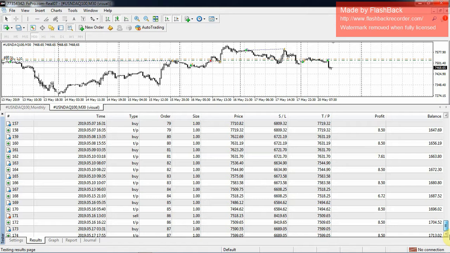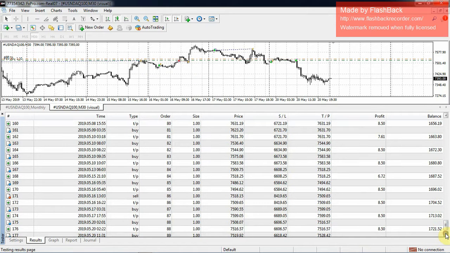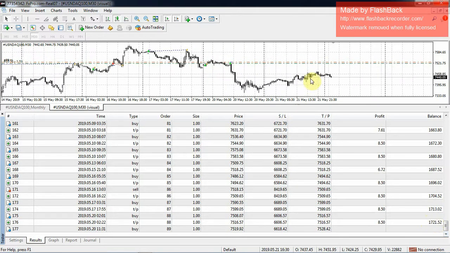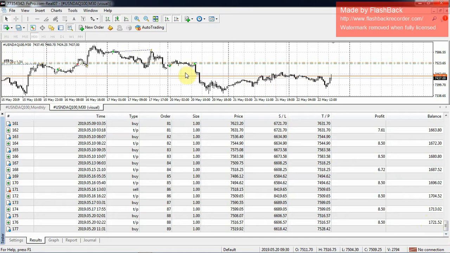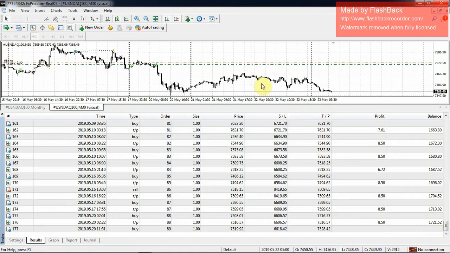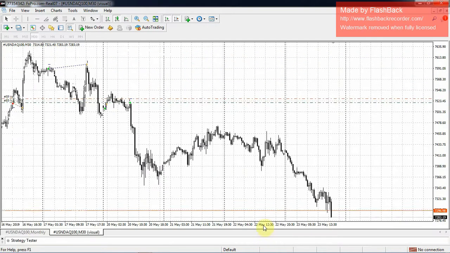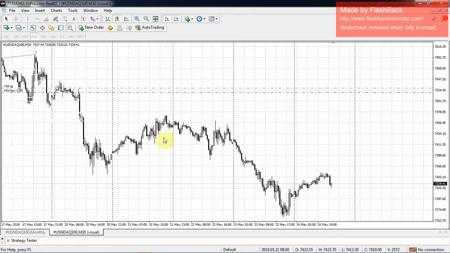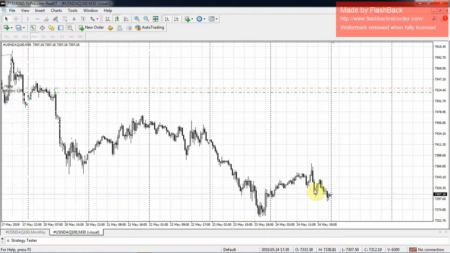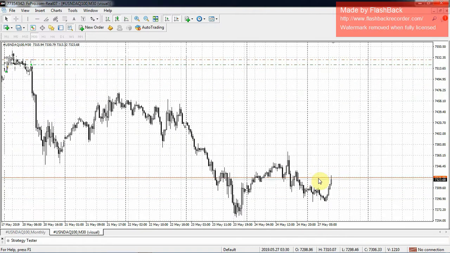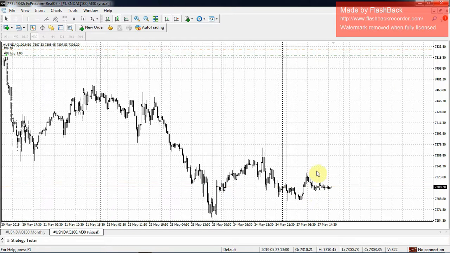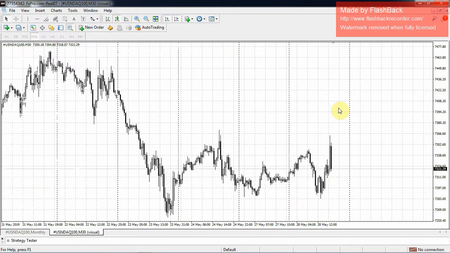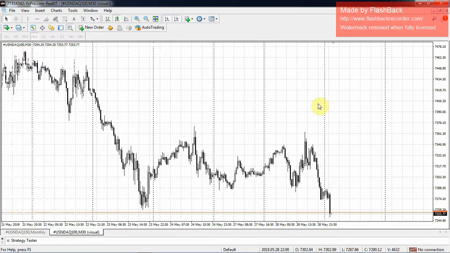Let me scroll down. We are up 721 in profits, and we are up 1,721. Okay, so if you can see, these trades took many days to close. We will have days like that whereby it will take a lot of days to hit take profit, but that's the patience most traders lack.